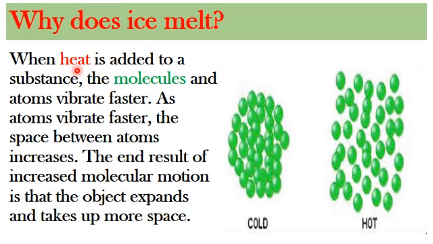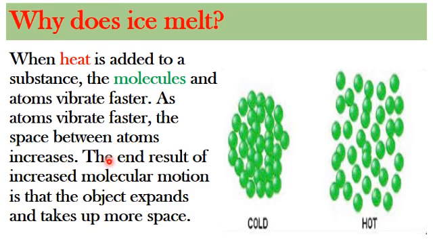When heat is added to a substance just like ice cubes, the molecules and atoms of ice cubes vibrate faster. As atoms vibrate faster, the space between ice atoms increases.